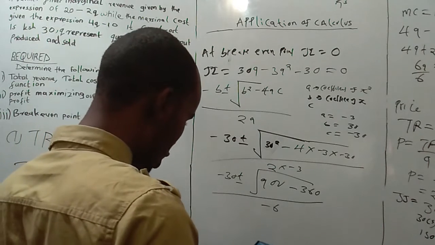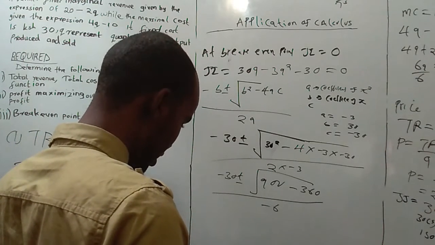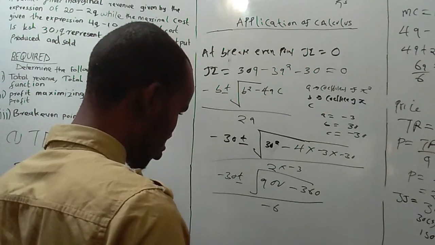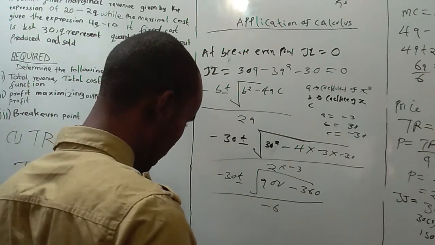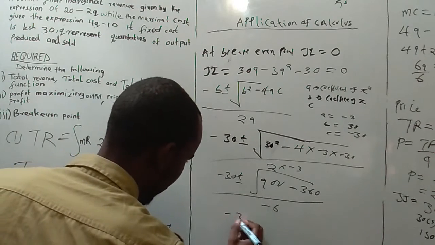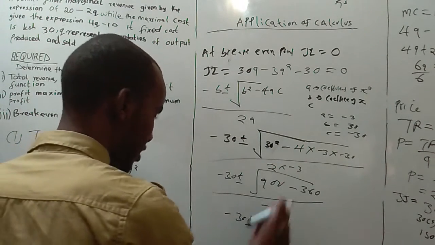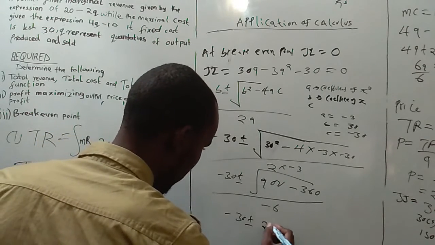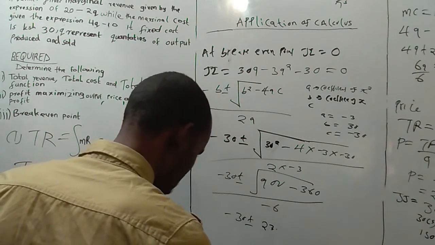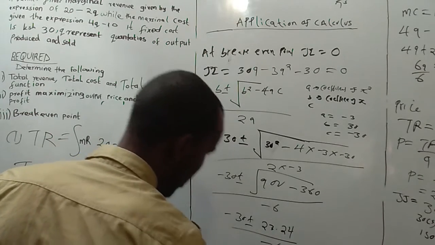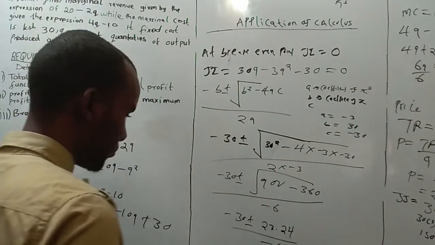Now if I take the square root of 900 minus 360, I get negative 30 plus or minus the square root of the answer, which is 23.24. Then we divide by negative 6, since 2a is 2 by negative 3.